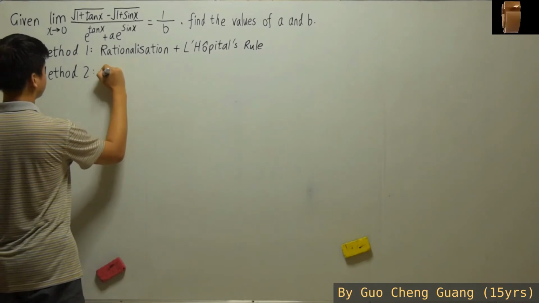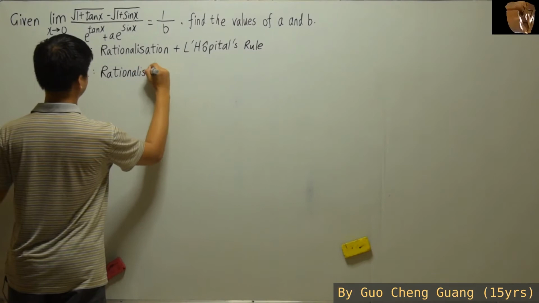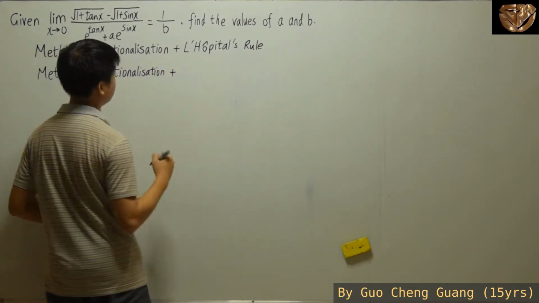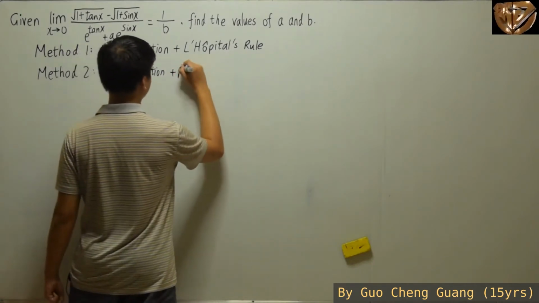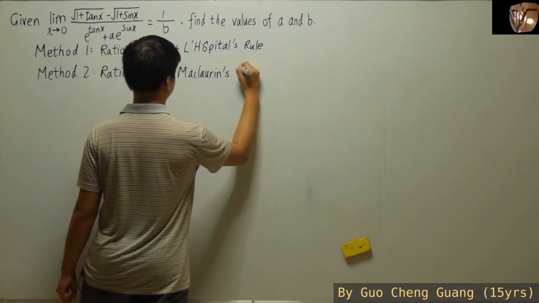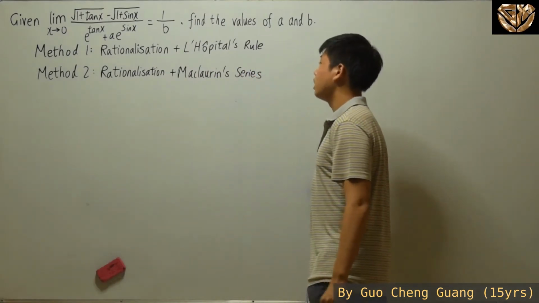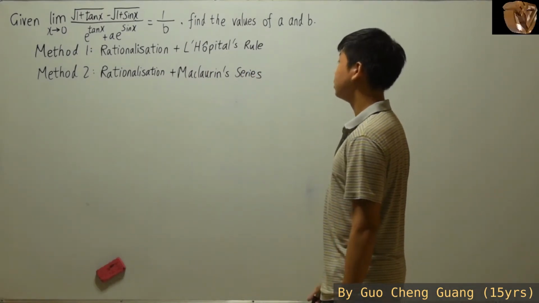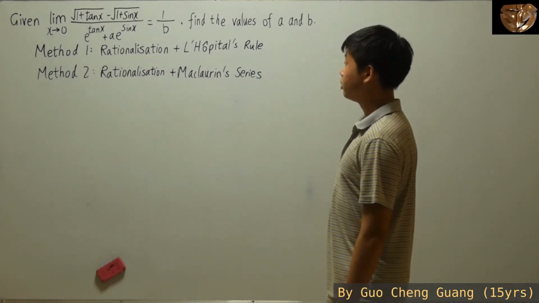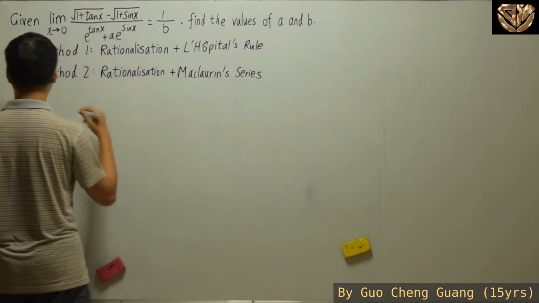In this method, once again, we will still have to use rationalization, but this time we will be using something different: the Maclaurin series. So rationalization and the Maclaurin series is what we are currently looking at. What is so special this time? Rationalization is pretty much the same.